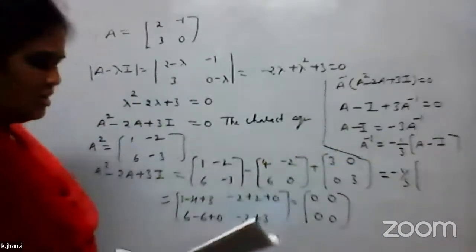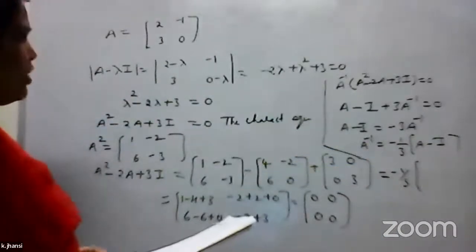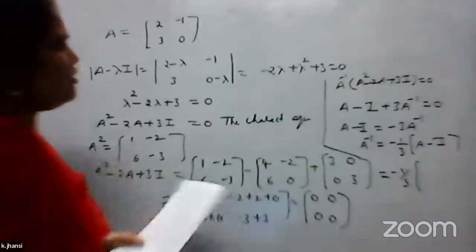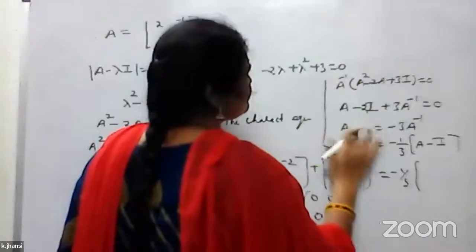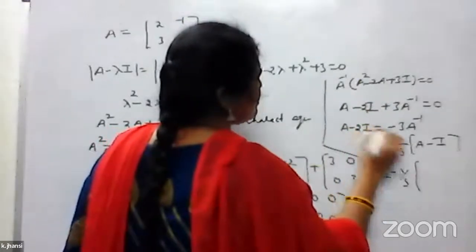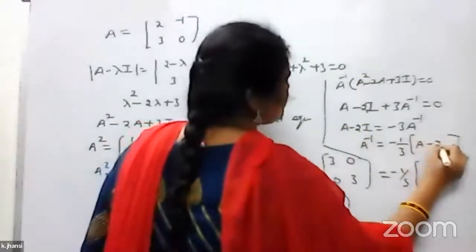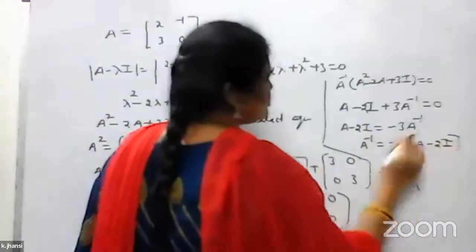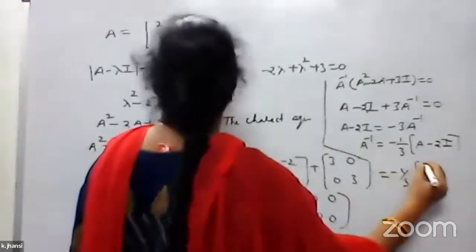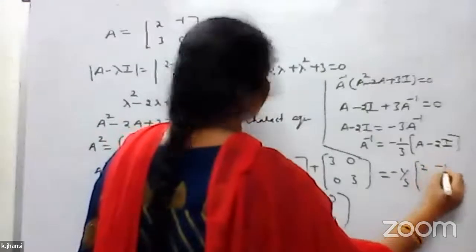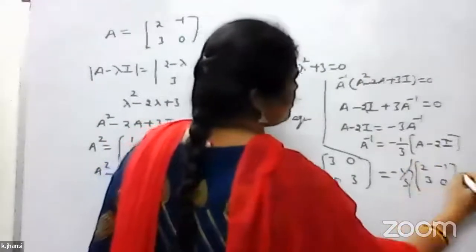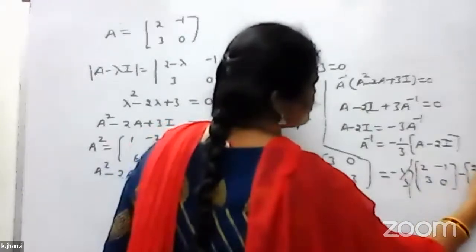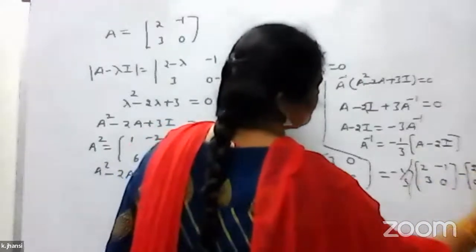Okay, 2 is there. Clearly I have not written it right. So minus 2I is also there. So A is our given matrix, [2, -1; 3, 0], and minus 2I means [2, 0; 0, 2].